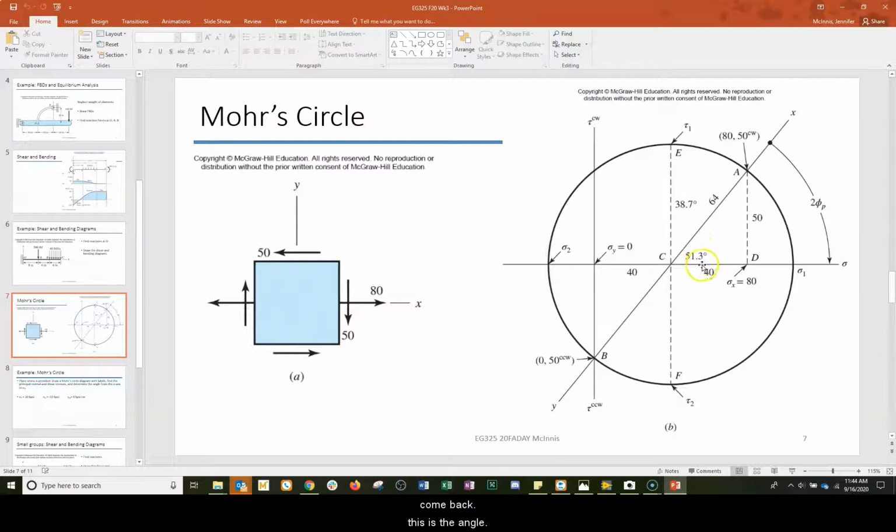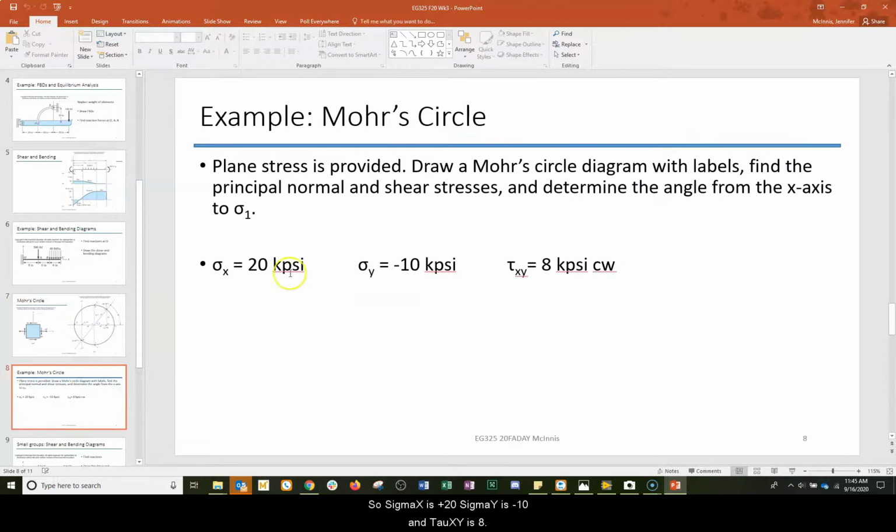This is twice the angle that you need to rotate from the plane element given to the principal plane. So sigma x is positive 20, sigma y is negative 10, and tau xy is 8 in the counterclockwise direction on the x face. So pause here and make some notes, and then we will do the example together.